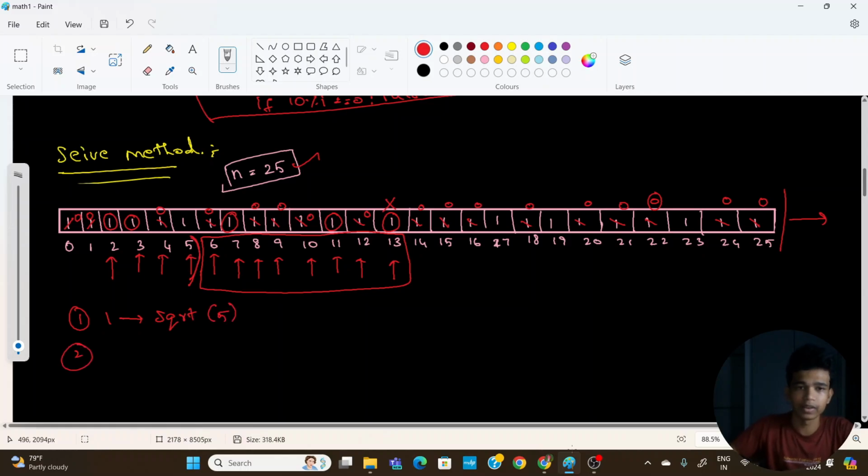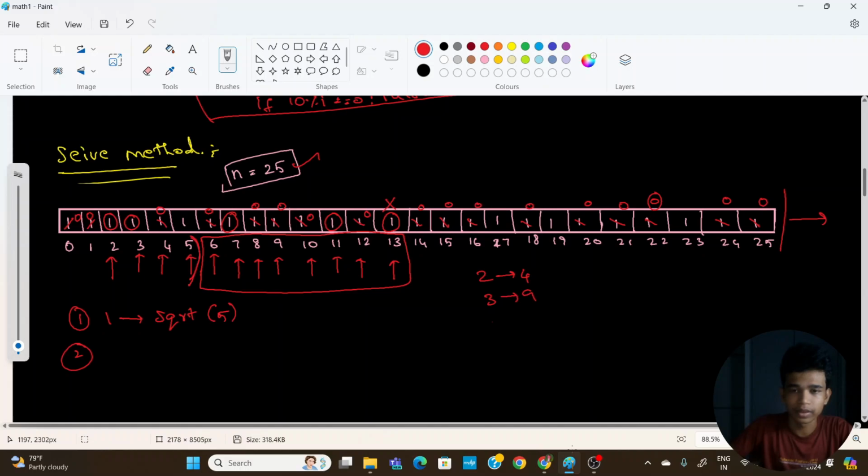Okay. What is my second observation? See here, I started from 2. For 2, my starting point is 4. For 3, my starting point would be 6, but 6 is already marked 0 by 2, so we started from 9.